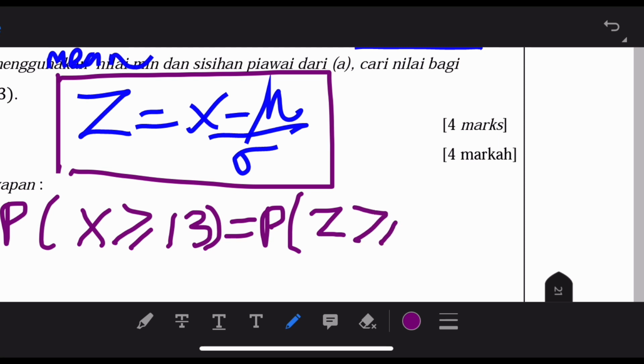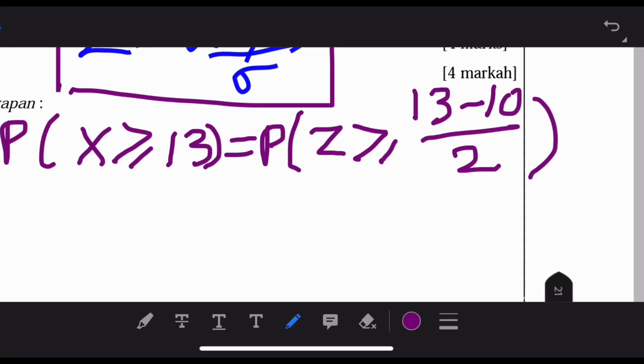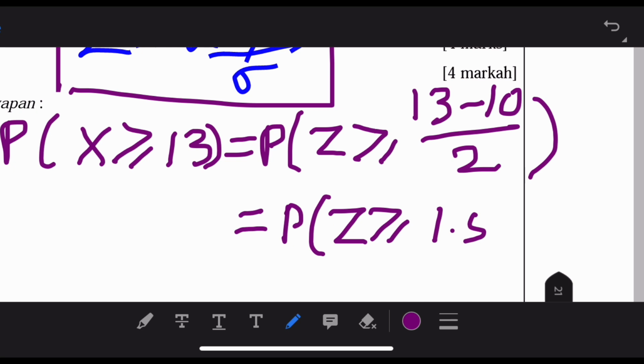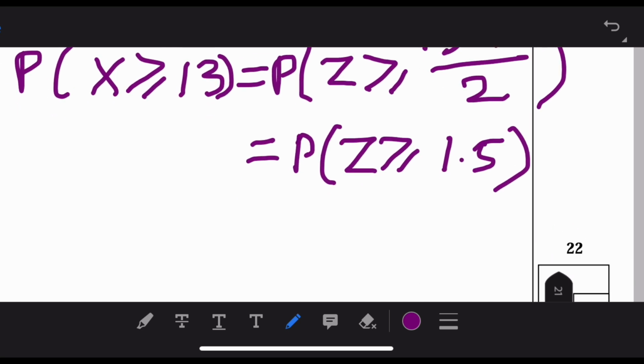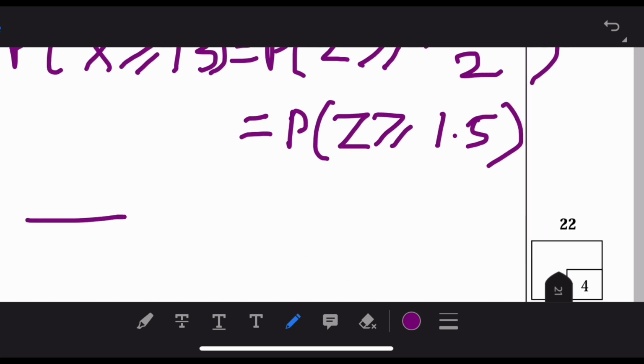So first of all, bear in mind that you have to use a z-score in order to find the probability value. So we will convert to z-score by x minus mean over standard deviation. So you will get P(z more than or equal to 1.5).